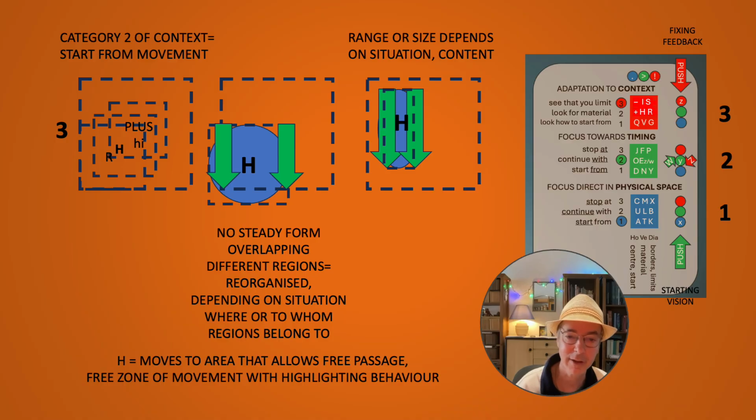These are the circumstances in which the material has free passage. It's a free zone of movement, in which you have a kind of highlighting for vertical behavior that is actually free to be there as well.